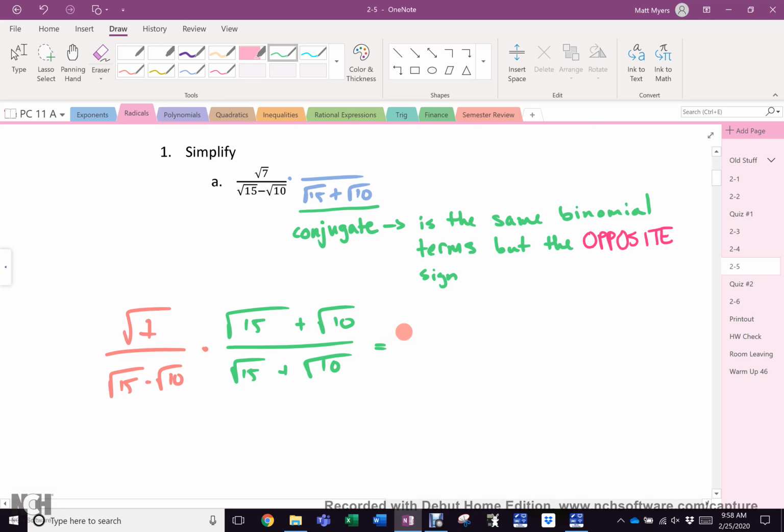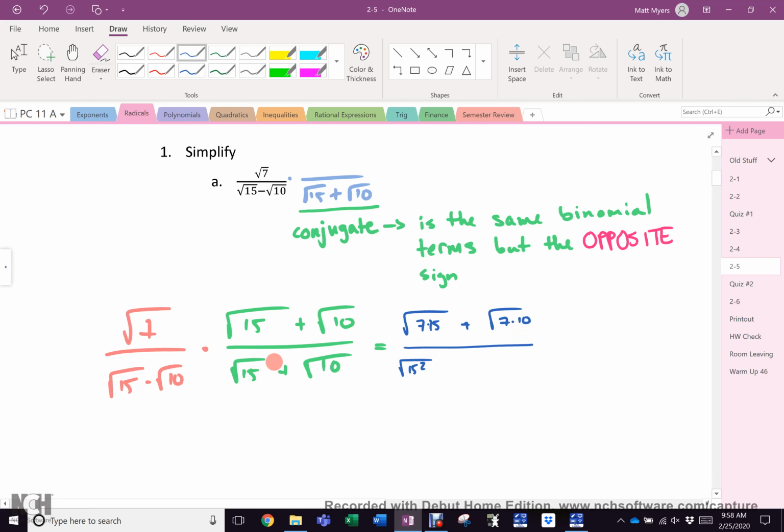So this first one is going to be the root of 7 times 15, right? Plus the root of 7 times 10. Yes? Over the root of 15 squared, because 15 times 15, yes?